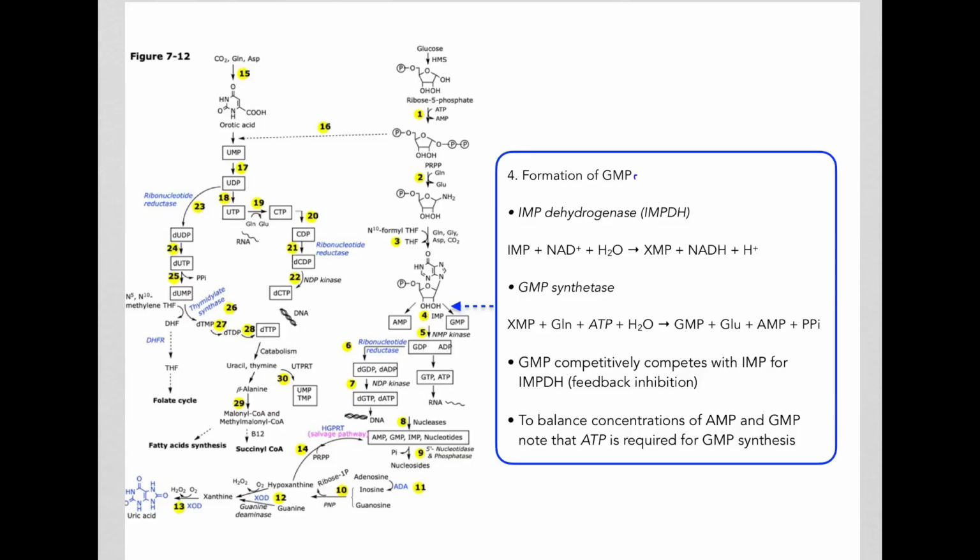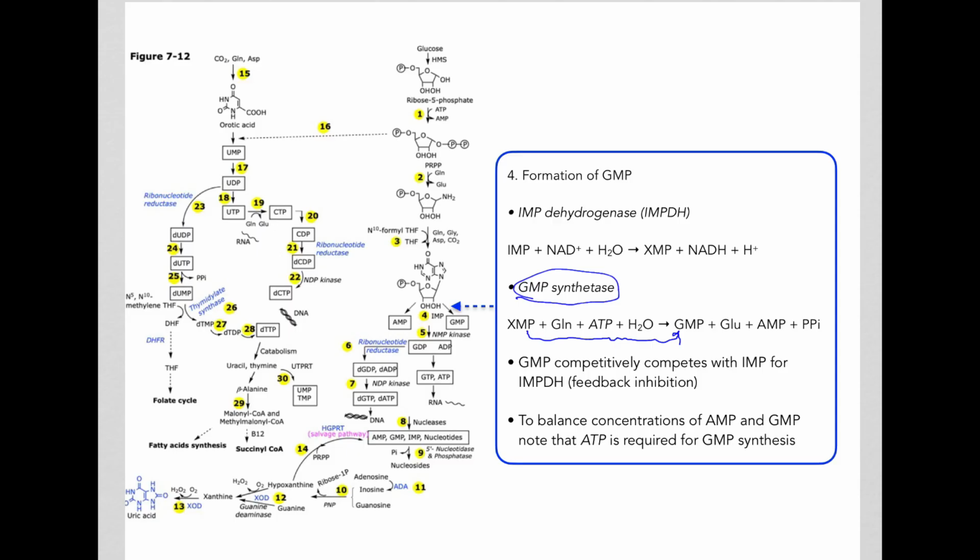In the formation of GMP, what happens is the IMP is first converted into XMP, and this is done by the enzyme IMP dehydrogenase or IMPDH. In the next reaction, the XMP that is formed by the IMPDH reaction is converted into GMP by the enzyme GMP synthetase.